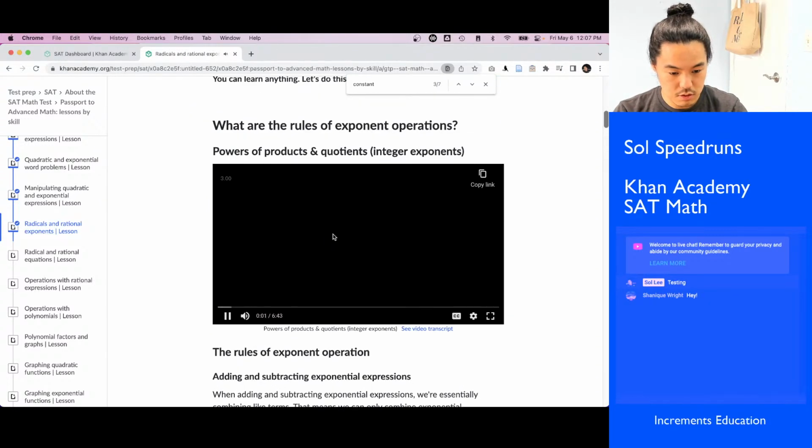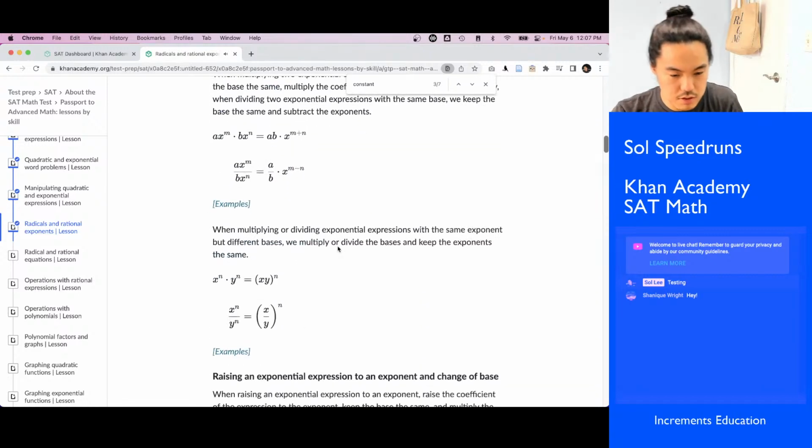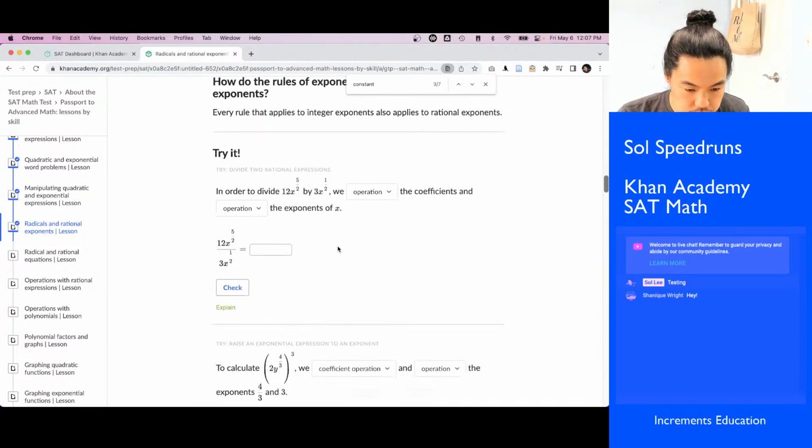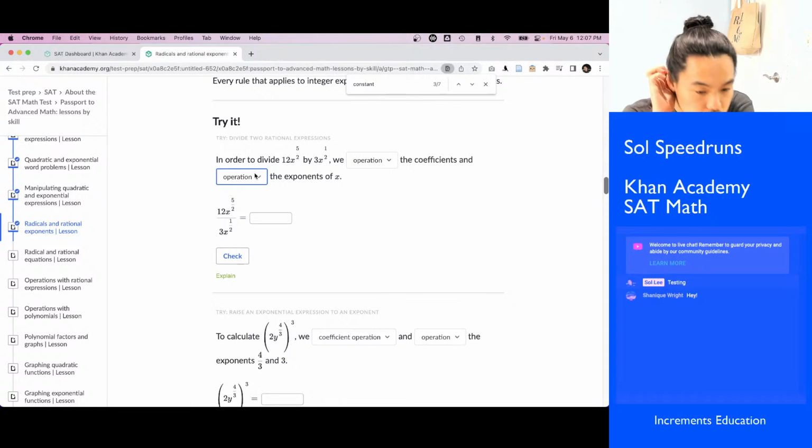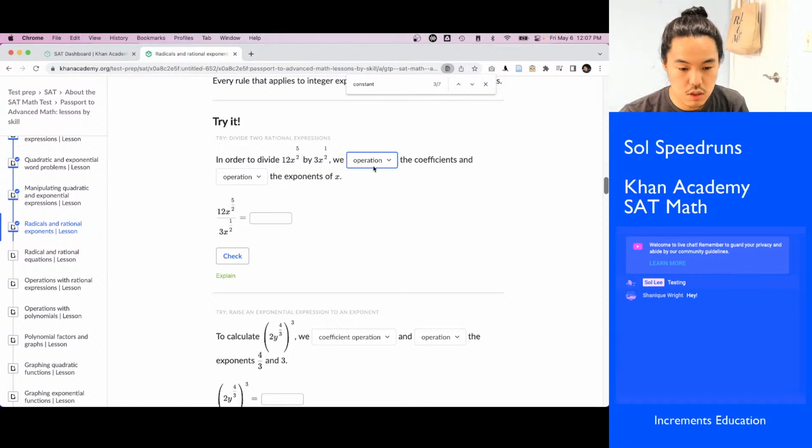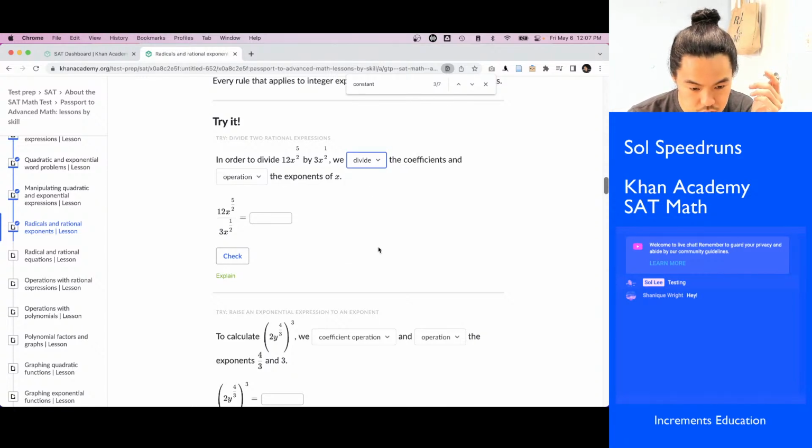Okay, integer exponents. Oh no, okay, so we're just adding. Okay, no, I remember this. We're good. I don't need to get through these. Here, I'll just try it. In order to divide 12x squared, or 12x to the 5, we need to divide the coefficients and subtract the exponents.